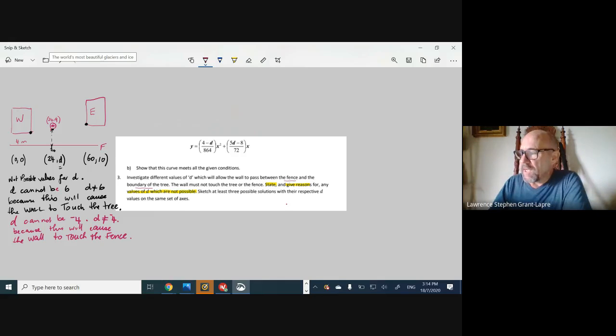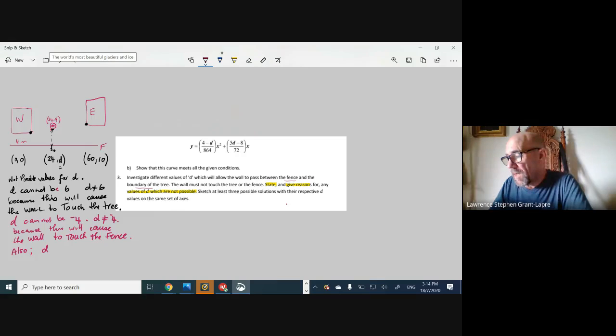You could say D cannot be greater than 6. You could say D cannot be less than -4. All right, we've mentioned basically our boundary lines.